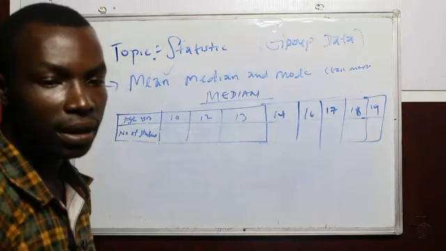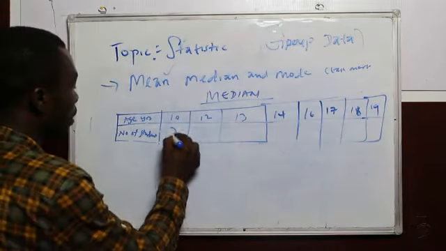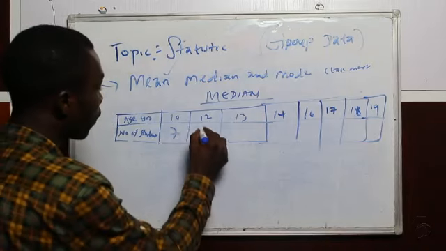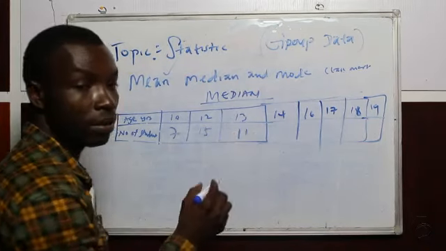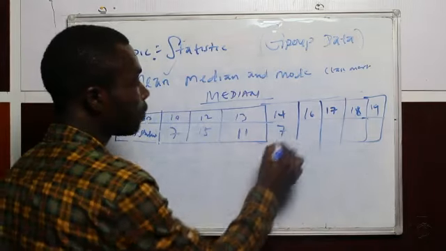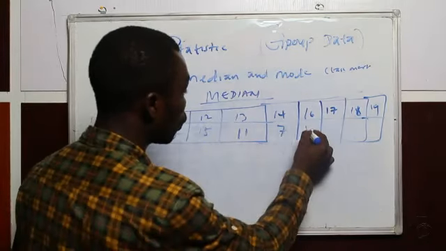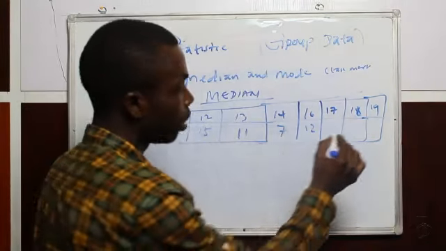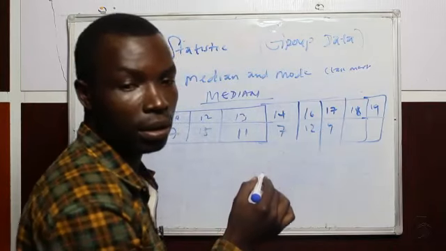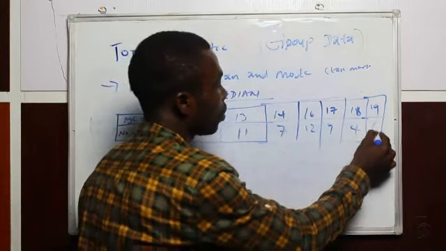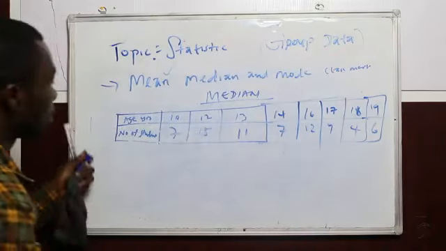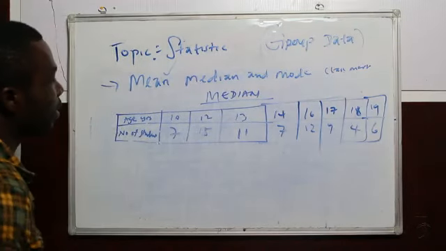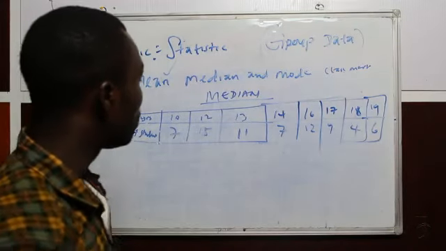The number of students are 7, 15, 11, 7, 12, 9, 4, 6. Good. Now, we want to calculate the median for this group data.